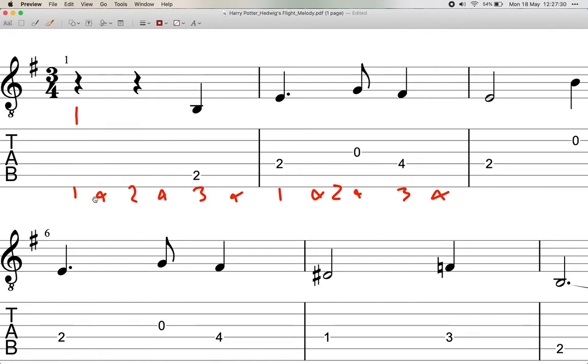Well, each of these 1 and 2 and 3 and goes for half a beat, okay? So if we can figure out how many half beats this note takes, then we know how many of these it's going to last for, okay?